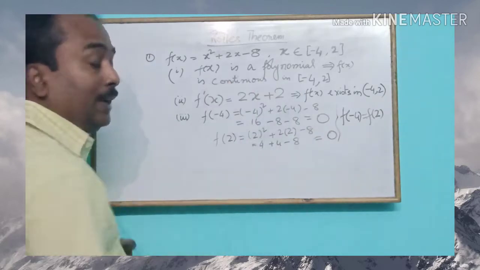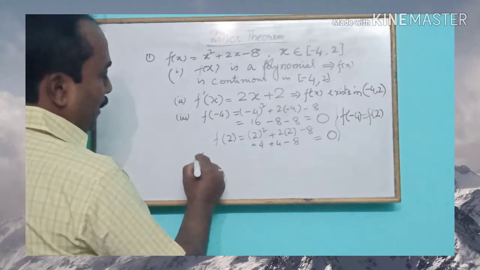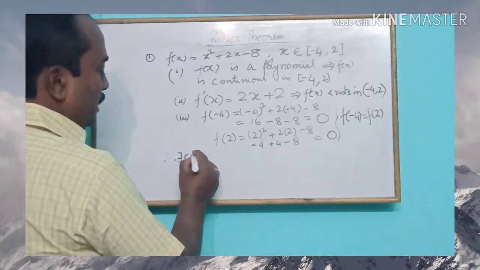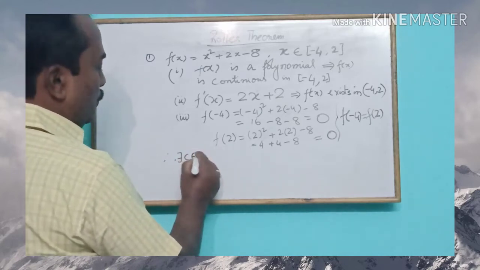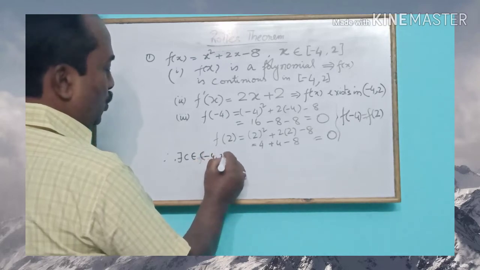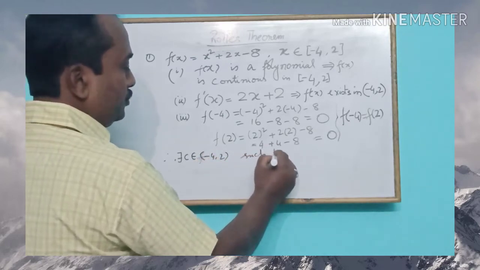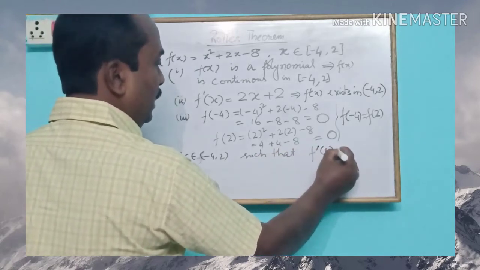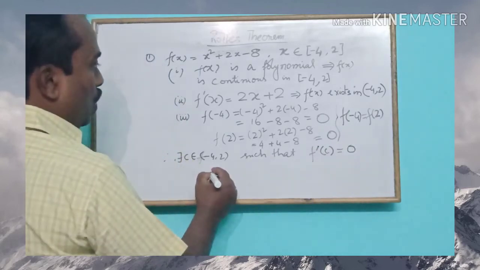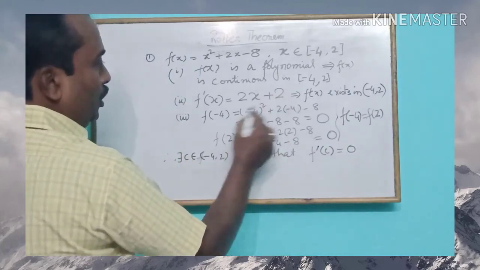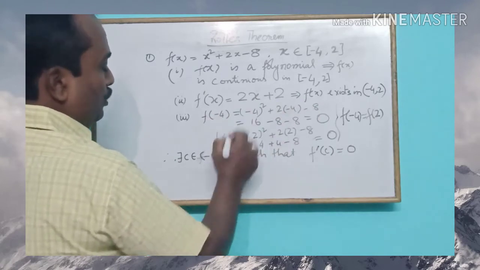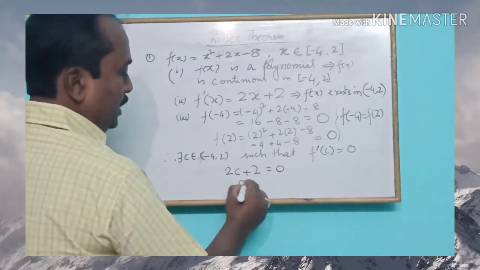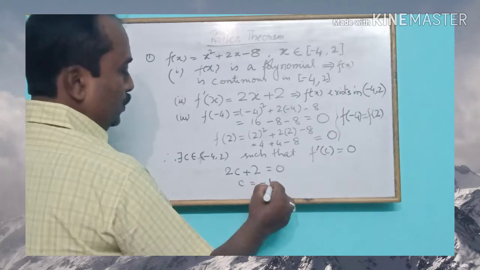Thus, what we can conclude is that there exists C belonging to the open interval -4 to 2 such that f'(c) equal to 0. Here f'(x) we have found, so 2c plus 2 equal to 0, or c is -1.